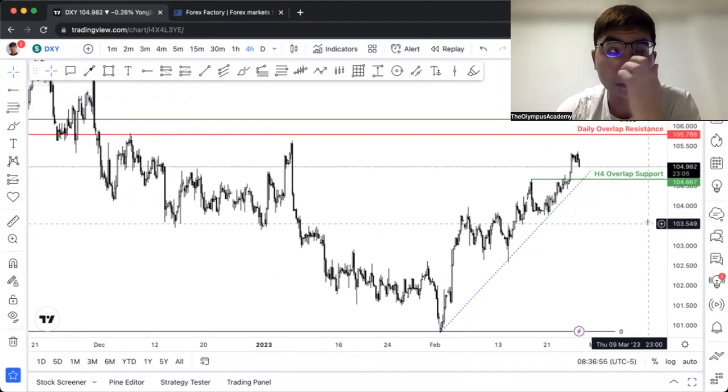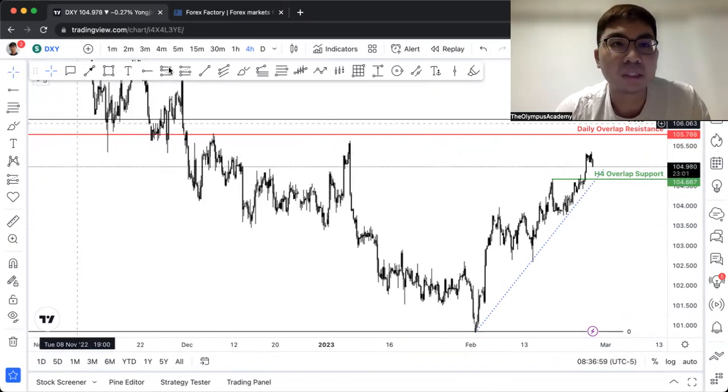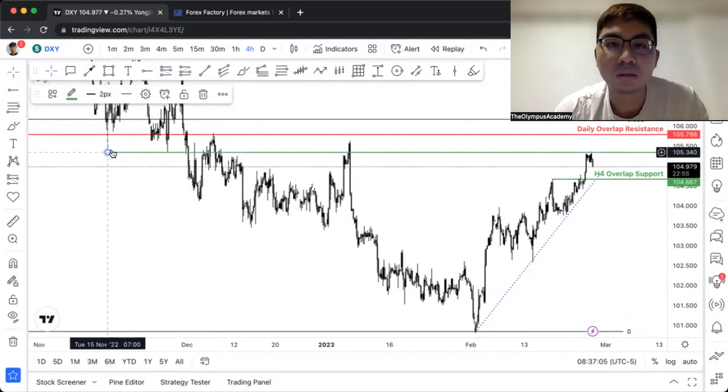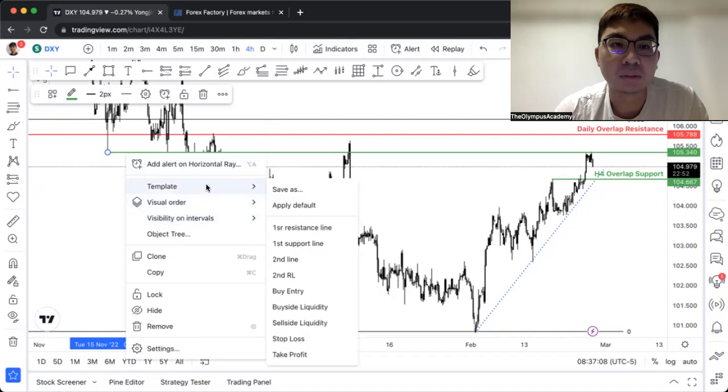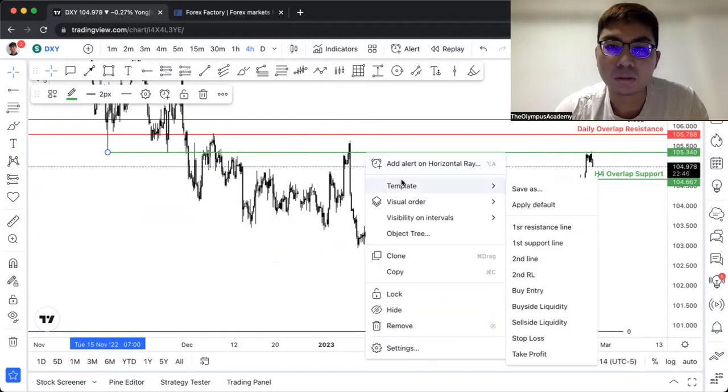Overall, in the long run, I still think the dollar index should continue rising. Price has also tapped into this intermediate H4 overlap resistance. So let me just label this out. Not sure why it's not changing color.